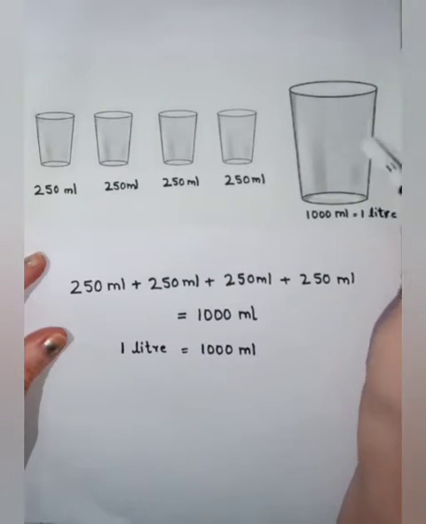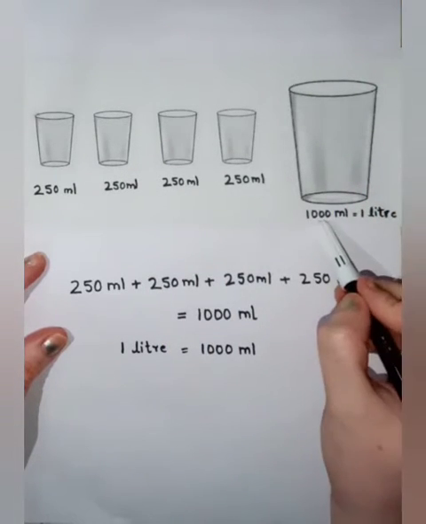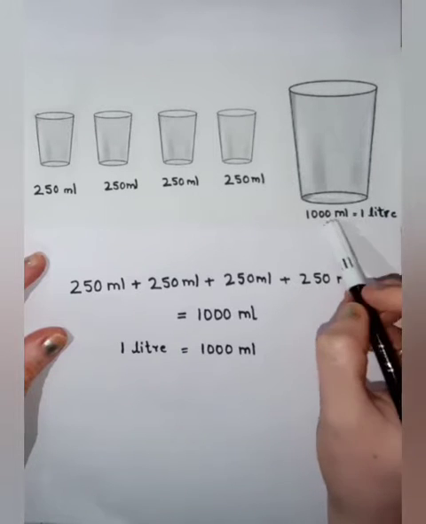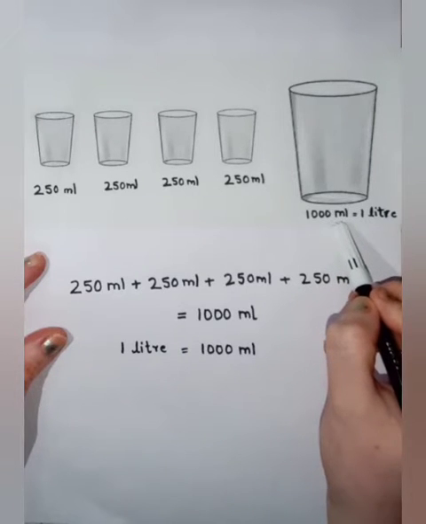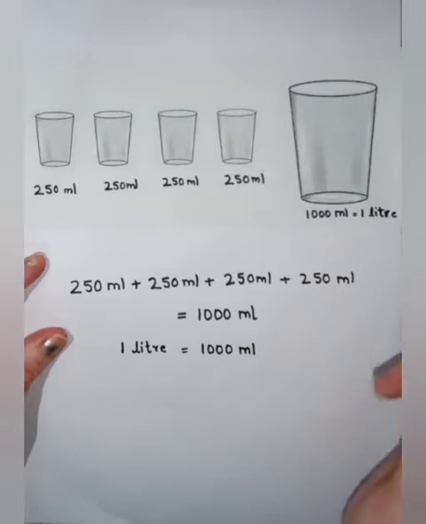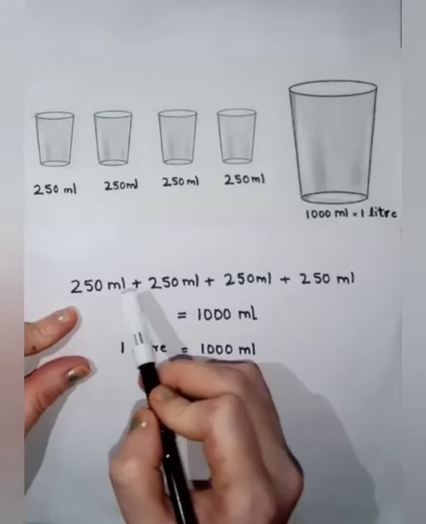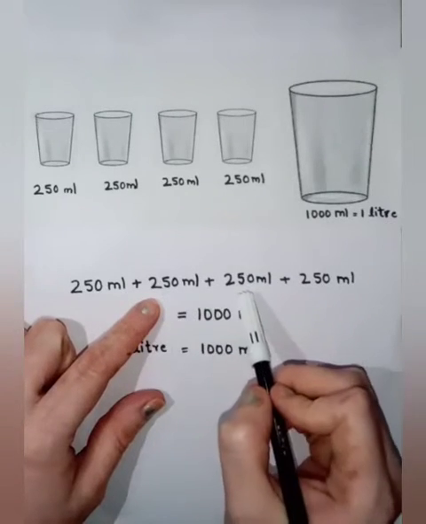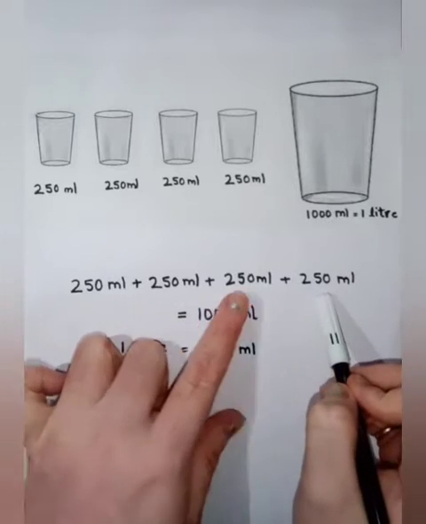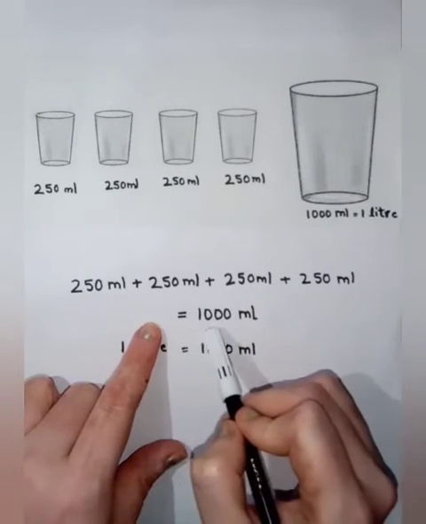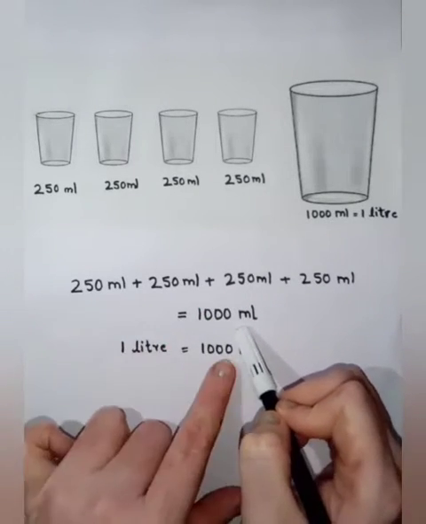And this one big glass can hold 1000 milliliter of water. And 1000 milliliter means 1 liter. So 250 milliliter plus 250 milliliter plus 250 milliliter plus 250 milliliter is equal to 1000 milliliter.